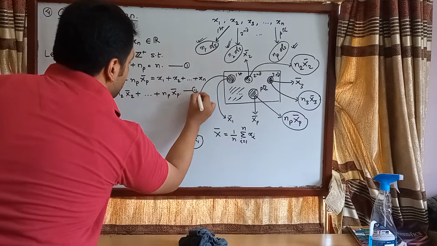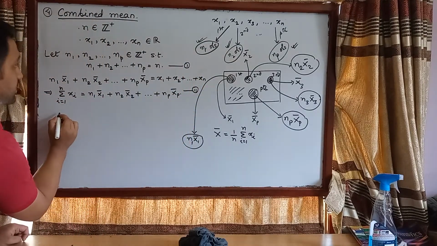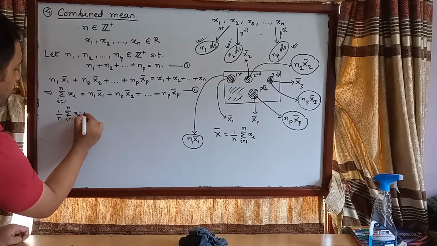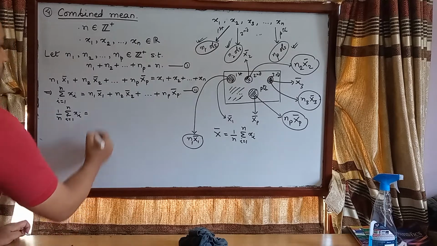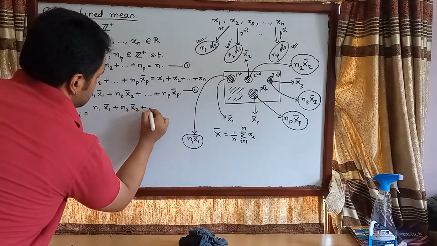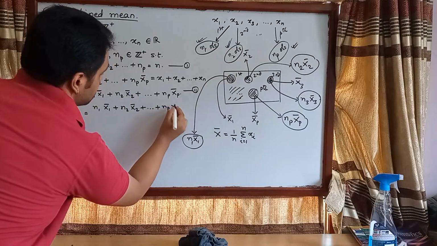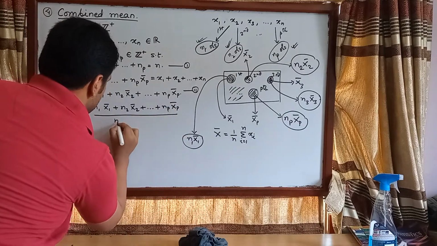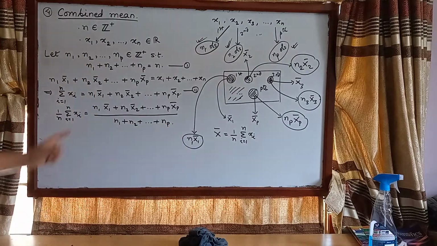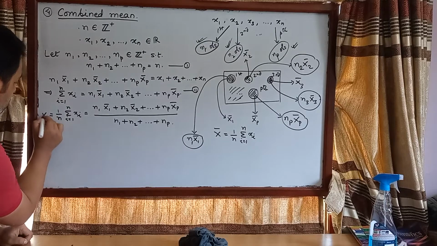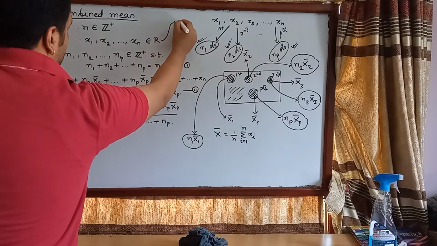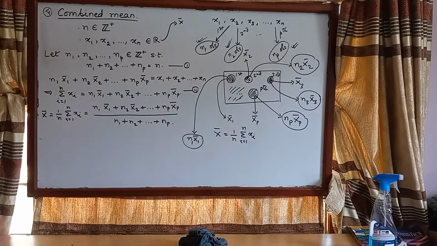Now from 1 and 2 we get 1 over n times the summation of xi, i from 1 to n, is equal to n1 x1 bar plus n2 x2 bar plus, we can continue like this, up to np xp bar, all over n. We get this relation, and this is nothing but the arithmetic mean of the given observations, which we've assumed to be x bar.